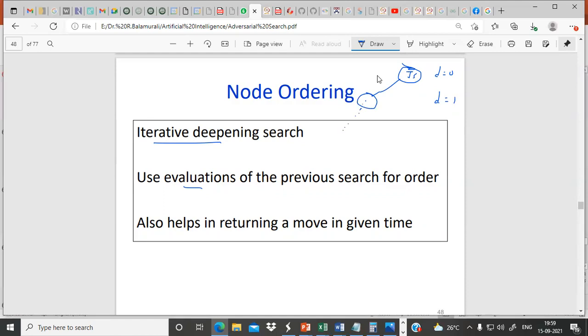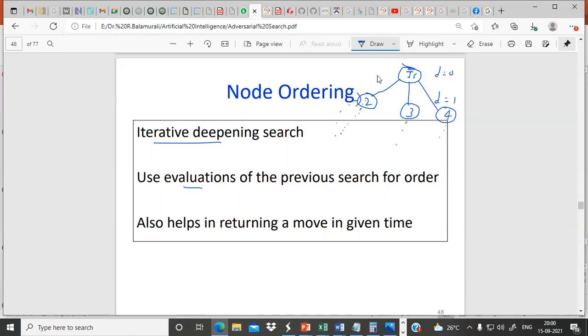So this entire subtree is explored and some value will be backed up here. Say the value backed up here is 2. Now explore another child also. Say the value backed up is 3. Now explore this one. Here, say the value backed up is 4.